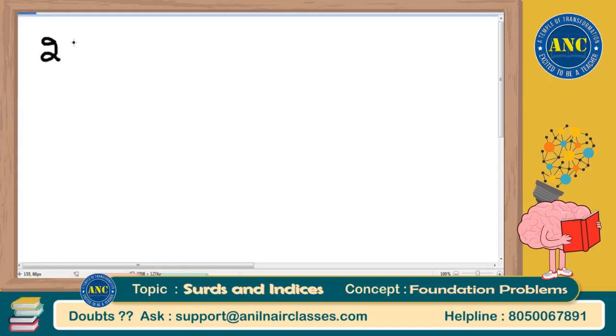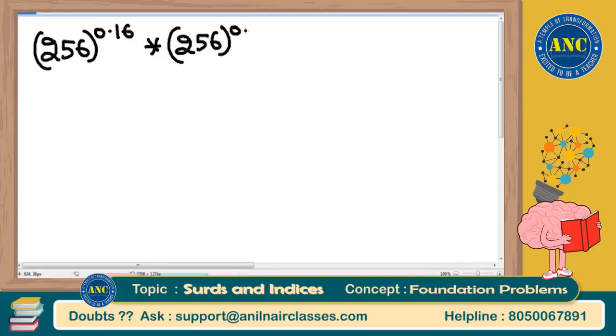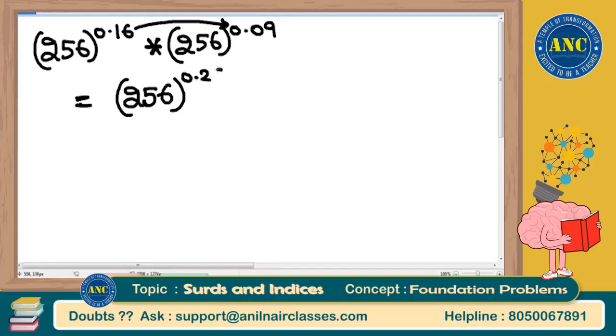Suppose similarly, 256 to the power of 0.16 into 256 to the power of 0.09. Same logic again. I want only one base to be written. Write down 256, and because they are multiplied, add the powers. 0.16 plus 0.09 is 0.25. 0.25 is nothing but 25%, and 25% in fraction is 1 by 4.